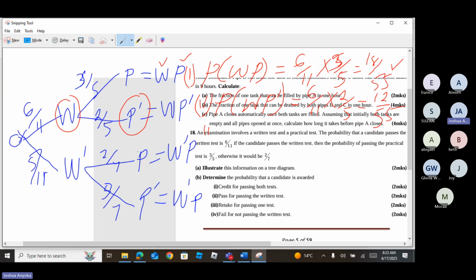Roman 3, retake for passing one test. So a retake for passing one test means it is the probability of passing the written exam and failing practical, or the probability of failing the written exam but passing practical.